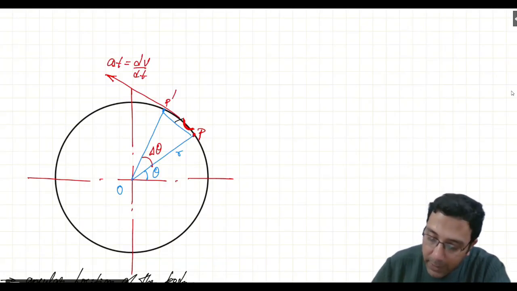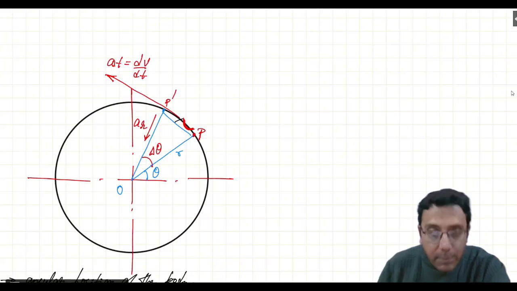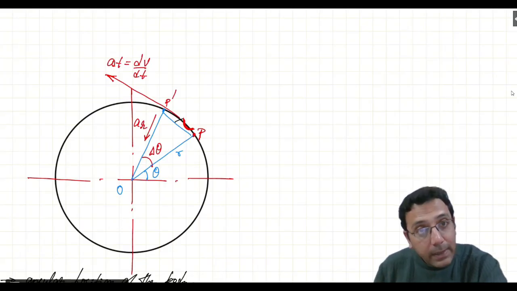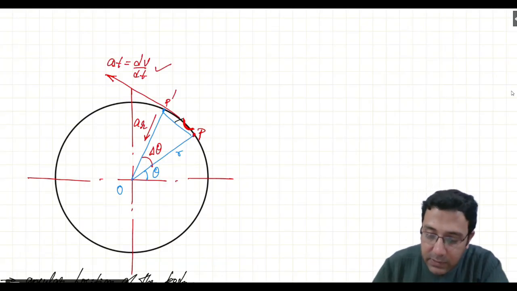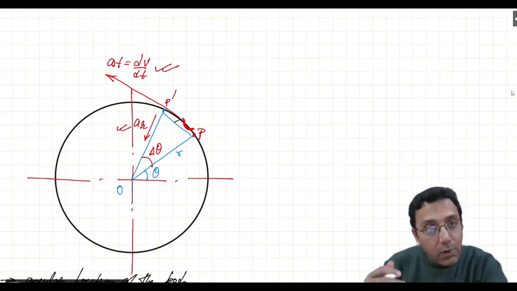There will be a component towards the center, the radial component. We also call it the centripetal component of acceleration. So tangential component is this one. Centripetal component is always towards the center, which I am marking as AR.